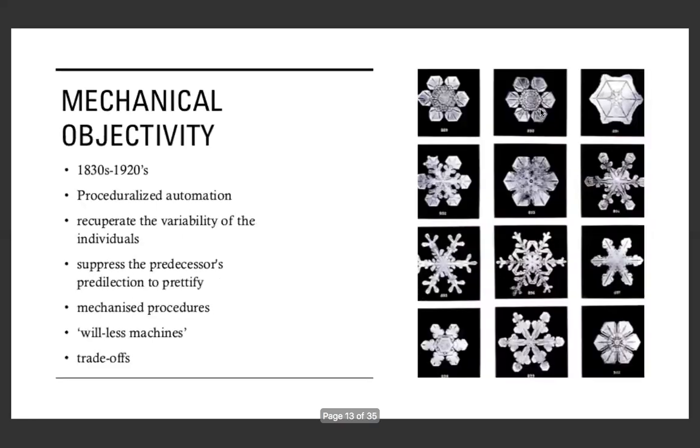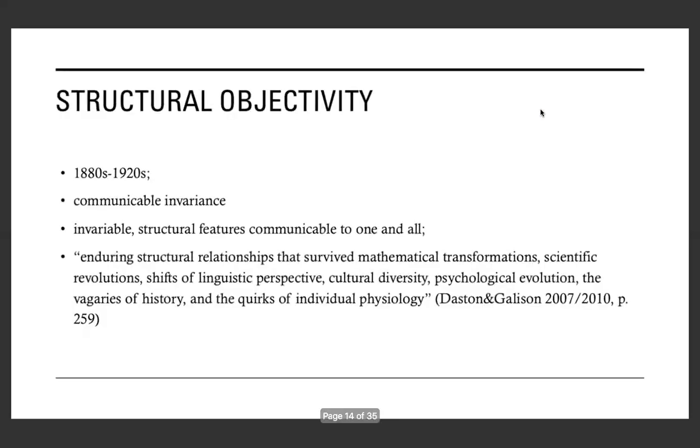Developing alongside mechanical objectivity, and opposed to both mechanical objectivity and truth to nature, was the idea of structural objectivity, which developed around the 1880s, and was again predominant alongside mechanical objectivity till the 1920s. Structural objectivity implied the idea of communicable invariance.